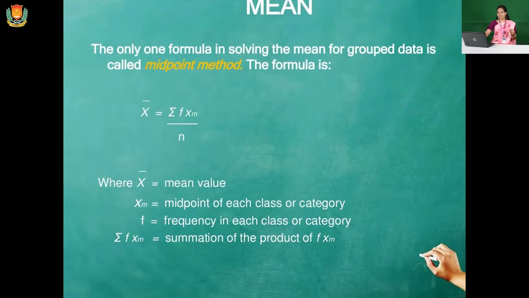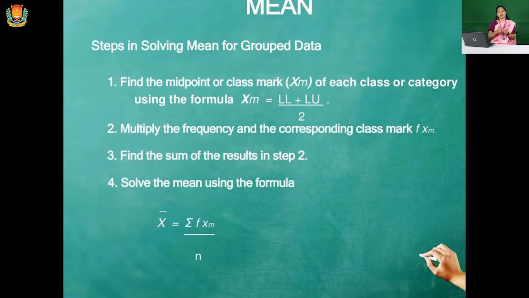Finally, we have to calculate the mean by the group data, or the continuous mean. We have the formula for that too: the summation fm must be divided by n. This is what we calculate for the continuous mean, where the class intervals are defined or categorized accordingly.